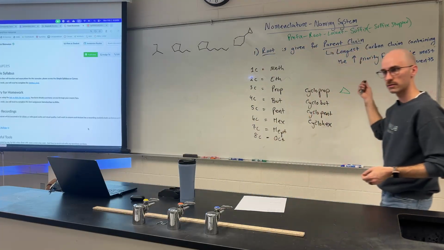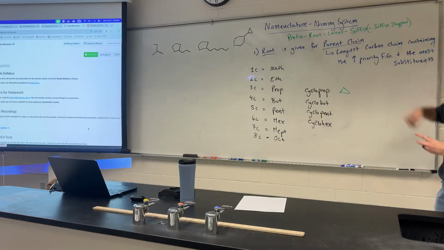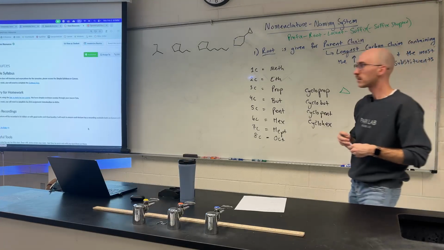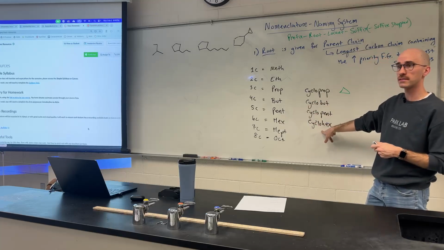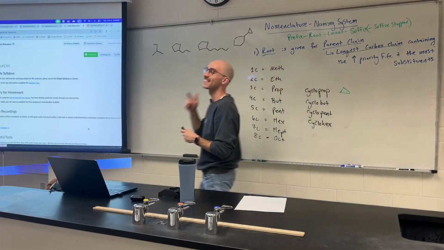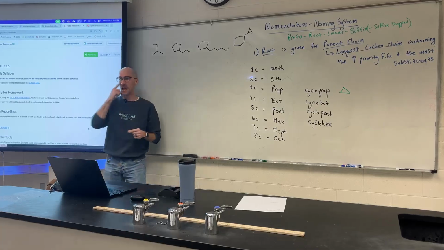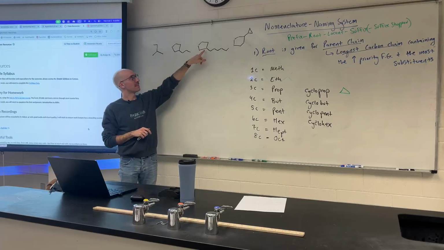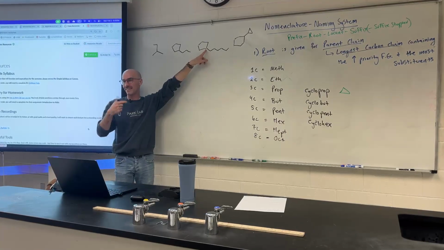Which one is longer? Go with the longest. Well, technically, all the carbons are actually in the ring. That's why the root can be cyclic. No, because that's no longer continuous. But are they all connected? There is no beginning or end within the ring.